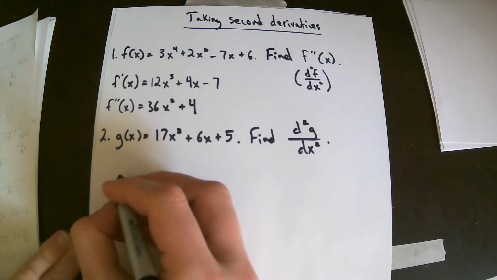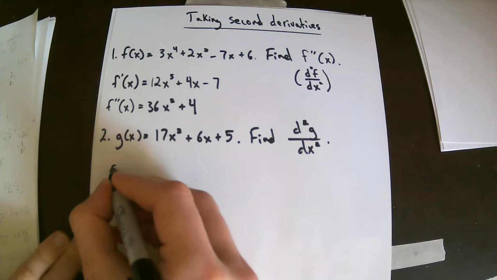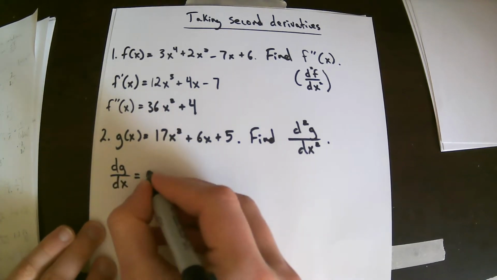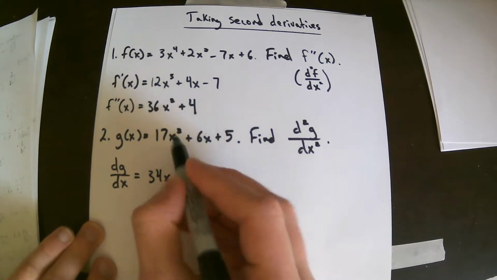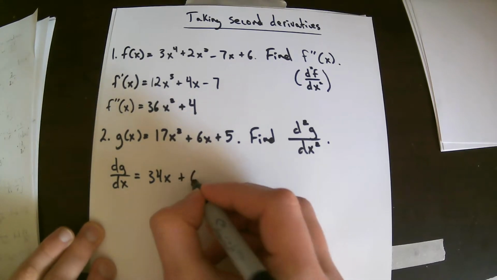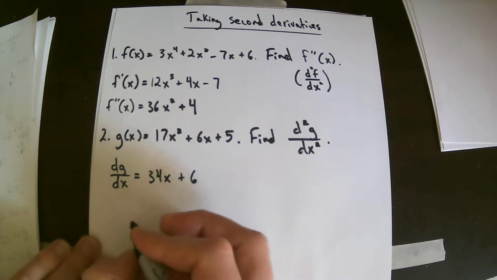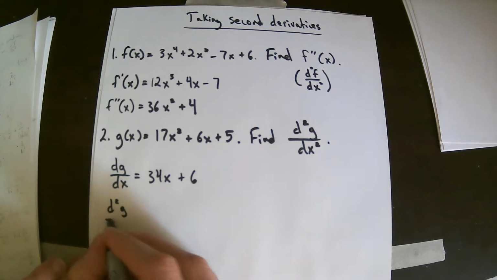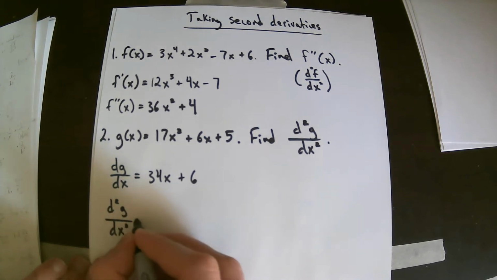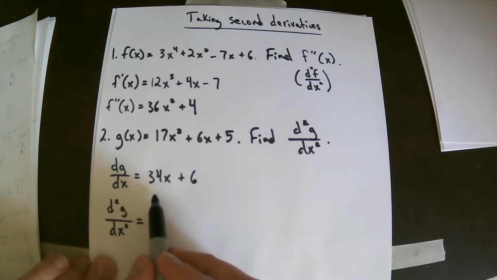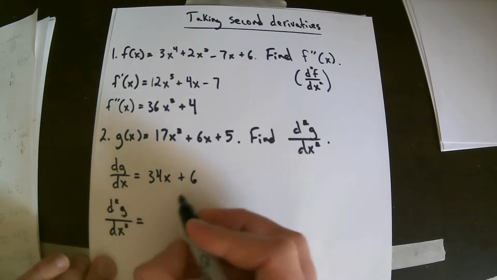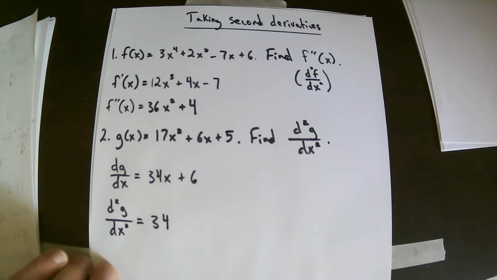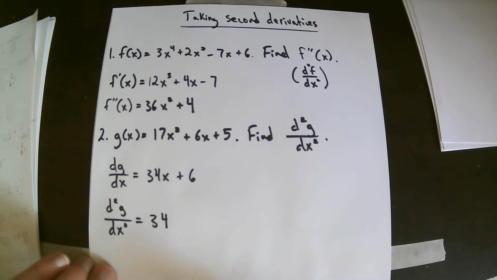Okay, so here we go. dg dx, the first derivative of g with respect to x, is 34x, just dropping the 2, and then plus 6. And now the second derivative, just going to take a derivative of this, and the 6 will go away, and I'll just be left with 34. So that's a constant. Okay.